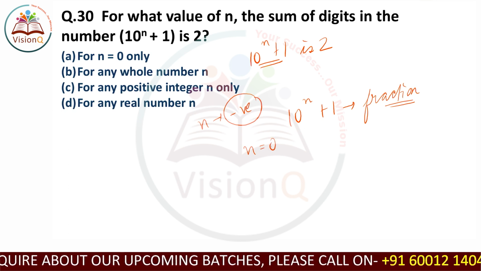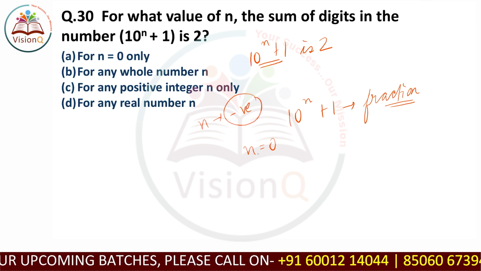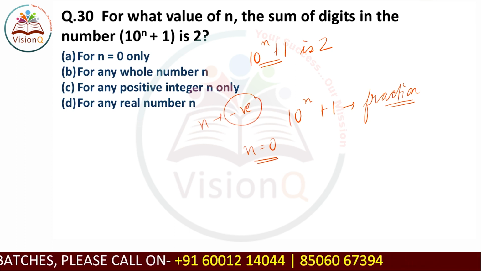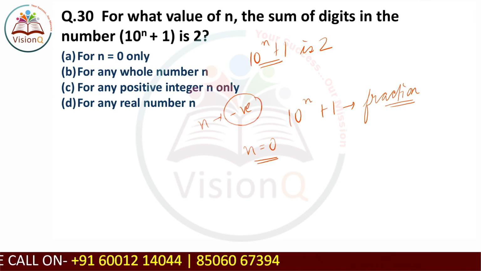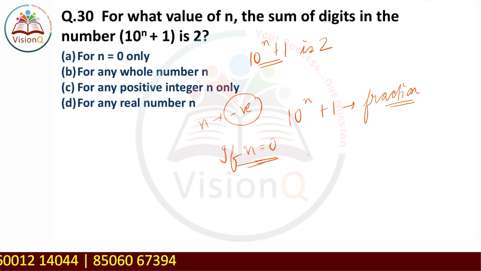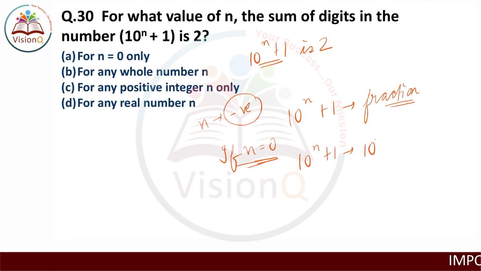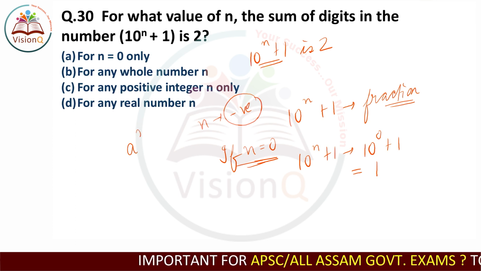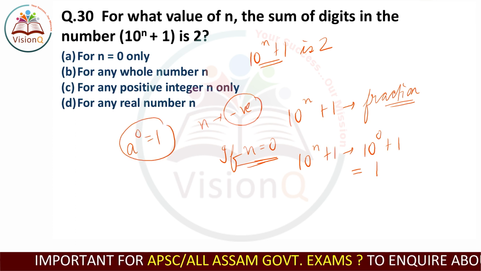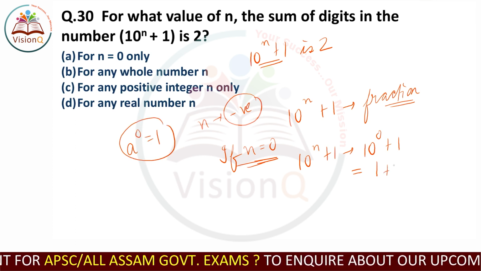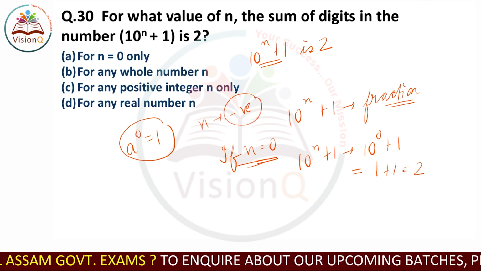If I take an example and start to put n equal to 0 in the given number, then 10 to the power n plus 1 becomes 10 to the power 0 plus 1. Now 10 to the power 0 is 1, because anything to the power 0 is always equal to 1. So 1 plus 1 becomes 2.